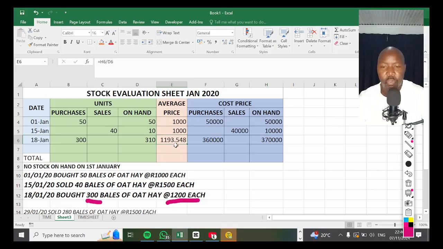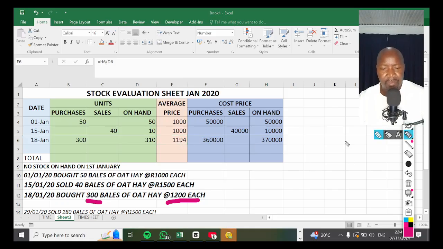warehouse cost price. Make sure that you reduce the decimals, because some students end up with long decimals. The question paper is going to tell you whether to use integers or remove all decimals or not. So I'm going to remove the decimals for the purpose of neatness on this one. Now that's how you average the price.